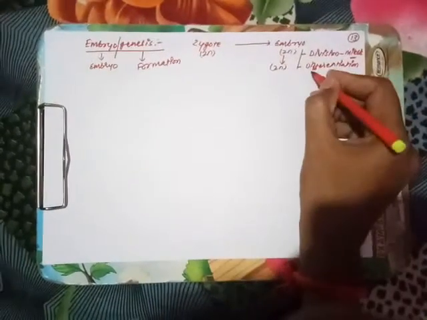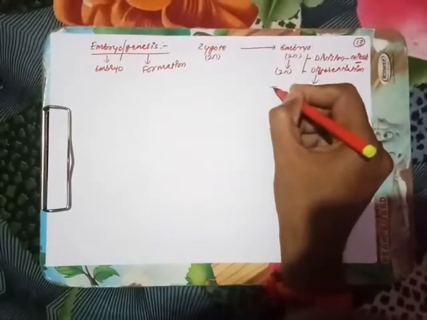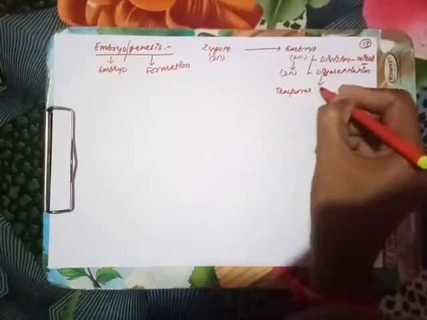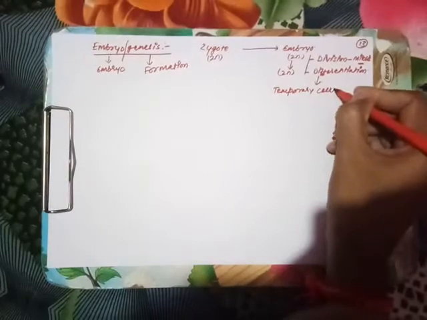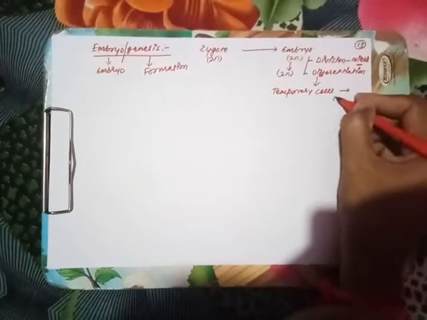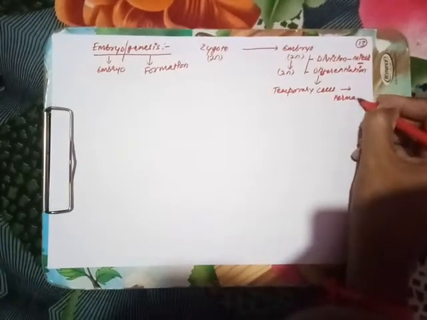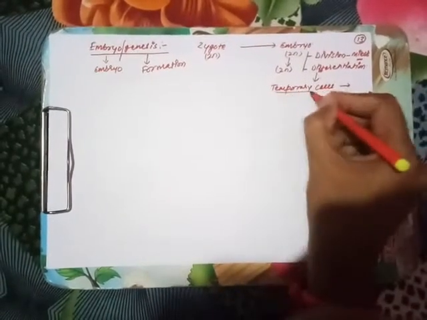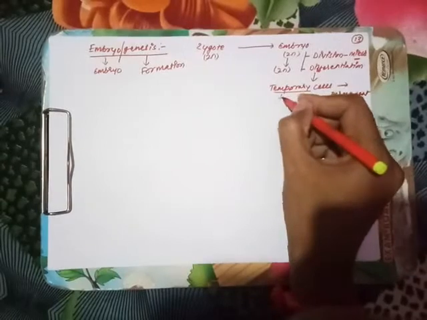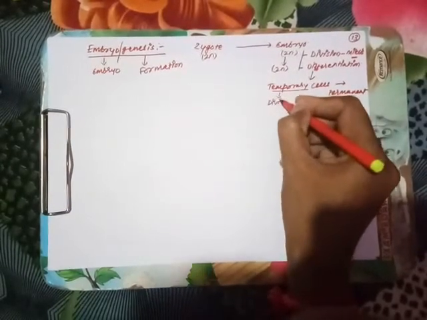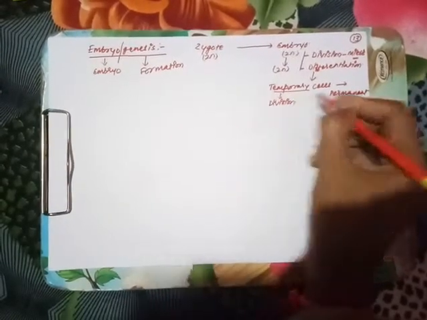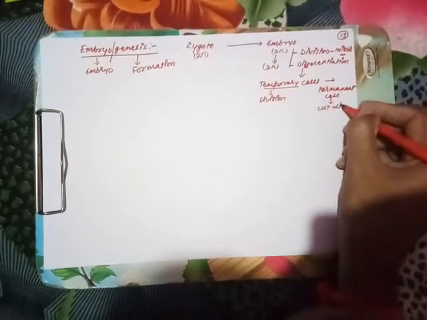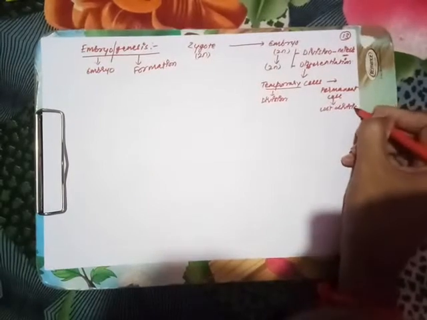Basically, if you remember, differentiation is the process of conversion of temporary cells to permanent cells. In class 11th only you have gone through that. Temporary means the cells which have the capacity of division, and permanent cells have lost the division capacity. Are you getting my point?